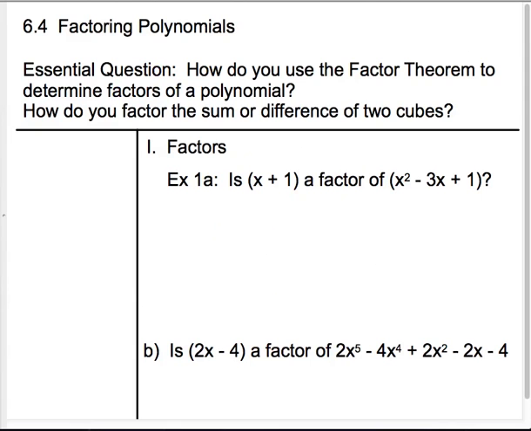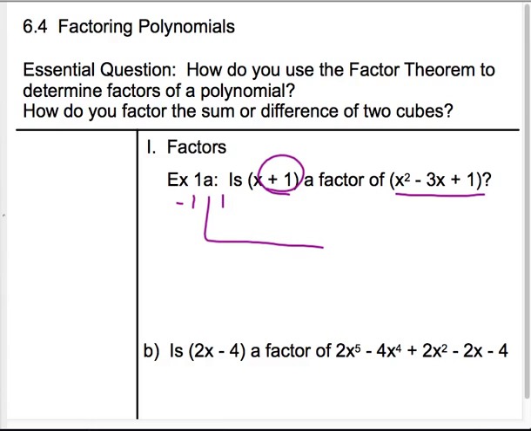So we're going to start by checking to see if a binomial is a factor. So this is checking with synthetic division. A little bit of review from what we did yesterday. Remember, we take the opposite of what's inside the parentheses. So -1. And then we use the coefficients from the polynomial we're dividing into.